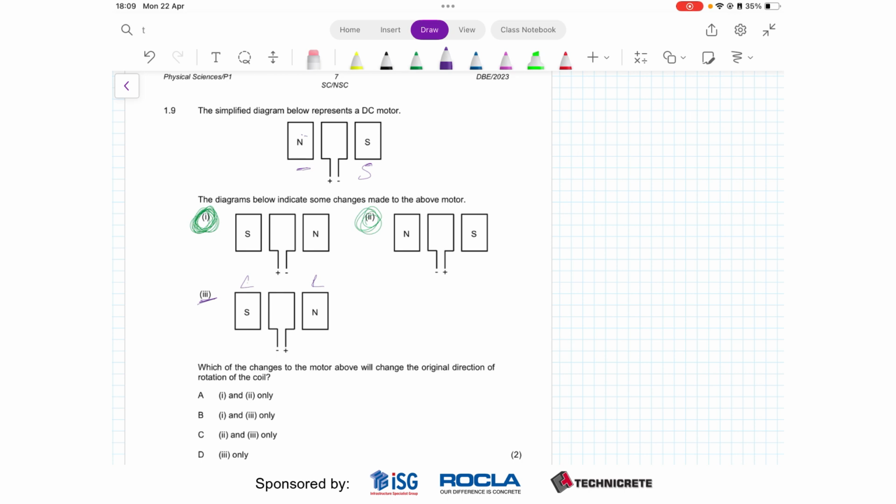However, the south magnet is still paired with your negative terminal, and your north magnet is still paired with your positive terminal. So that means you are effectively not going to change the direction of rotation. It's just going to look like it, but effectively the direction of rotation is not going to change. So your answer is going to be A.